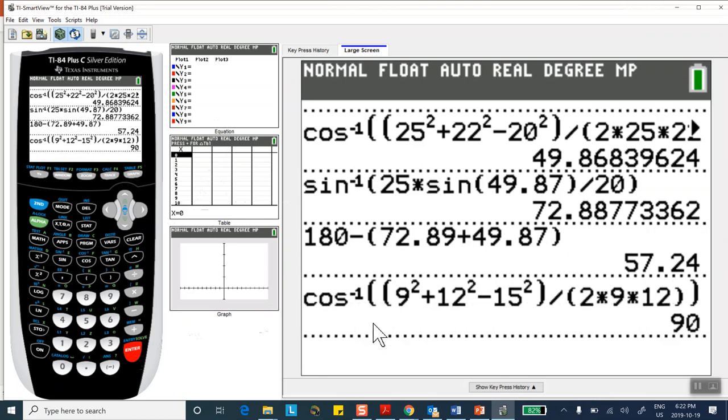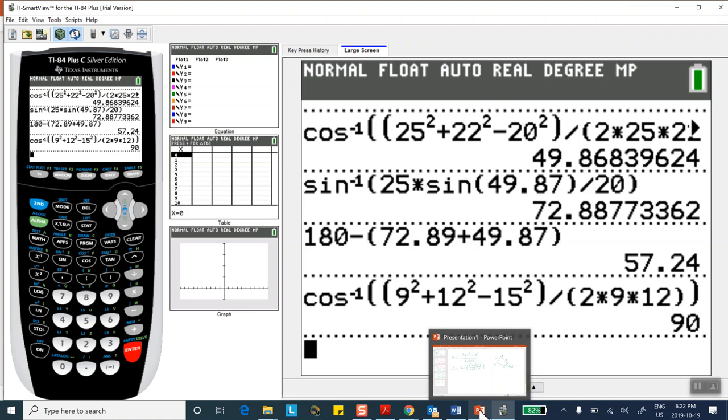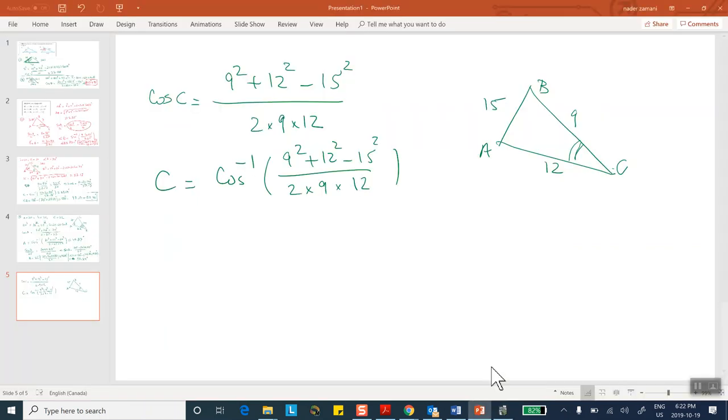So this is 90 degrees. Ooh, I didn't even know that. I forgot. Okay, so that's 90 degrees. So this angle is actually 90 degrees.